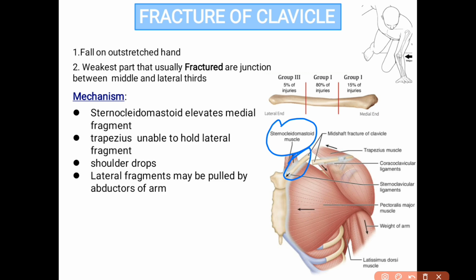The medial fragment of the bone is elevated by sternocleidomastoid, and the main function of trapezius is to support the clavicle and hold it in its place. When the fracture occurs, the trapezius is unable to hold the lateral fragment and the shoulder will be dropped. Then the lateral fragment may be pulled by adductors of the arm.